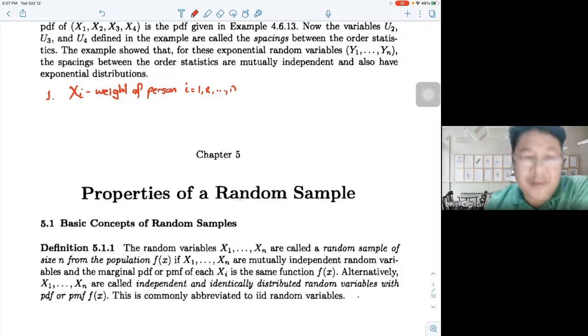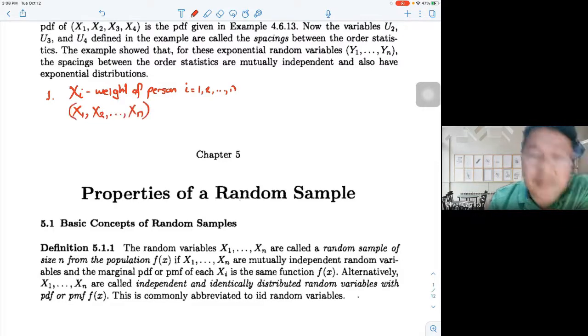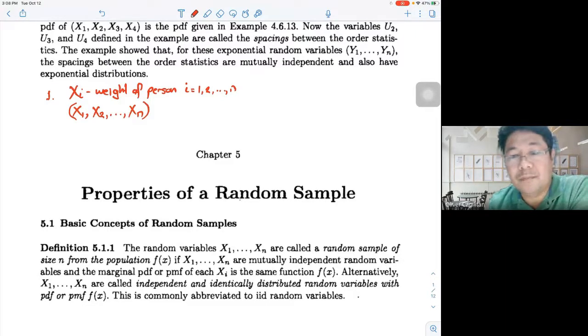So we have this random vector, a vector of random variables, x sub 1, x sub 2, and so on, up to x sub n. Having this random vector, we can obtain a multivariate observation having n observations.